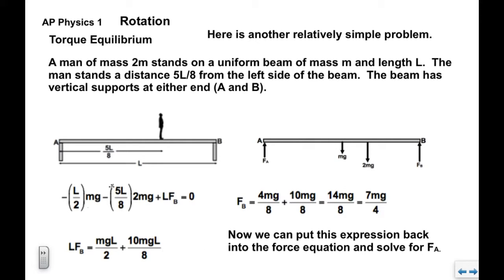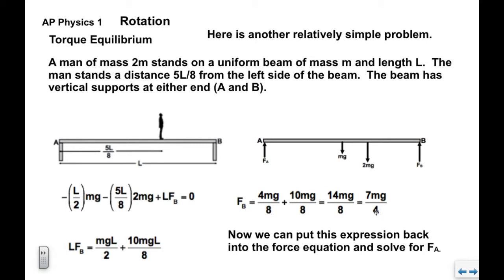So now we clean this up a little bit. We move these two over to the other side, add them to the right side. We have mgL over 2 plus 10 mgL over 8. We're going to make a common denominator 8, add them up, and we see that the force at B is 7 mg over 4.